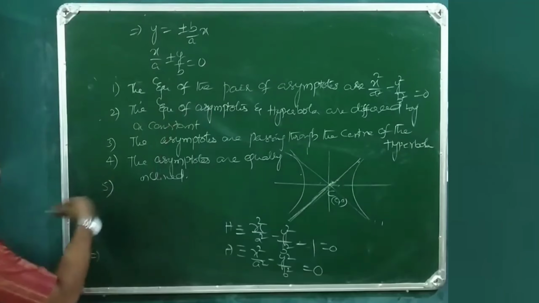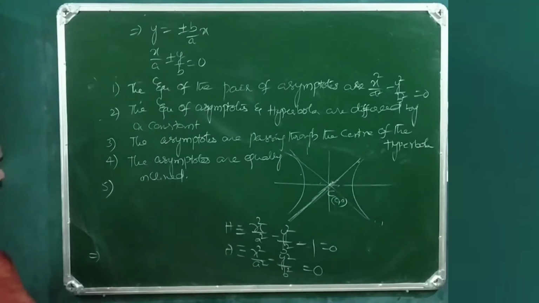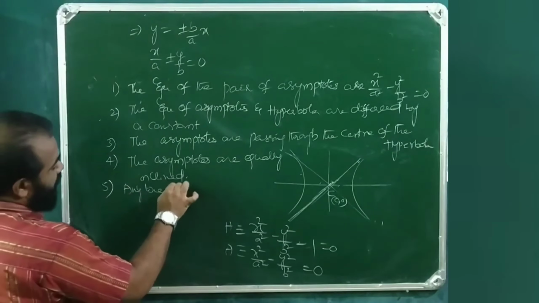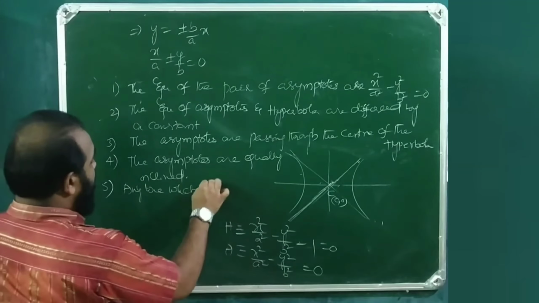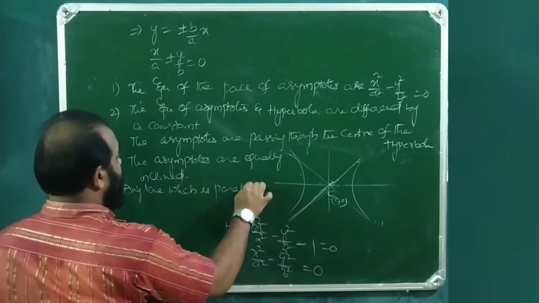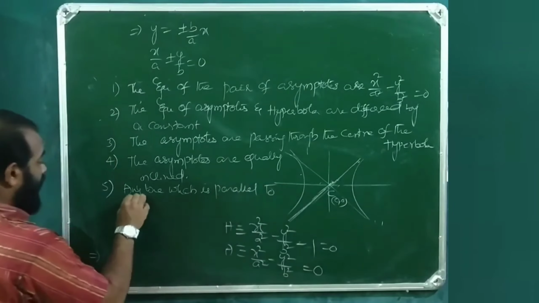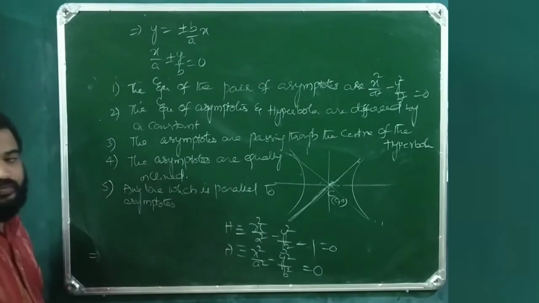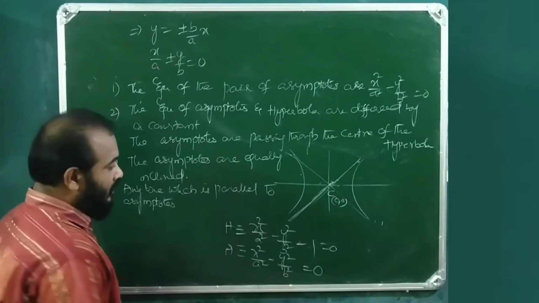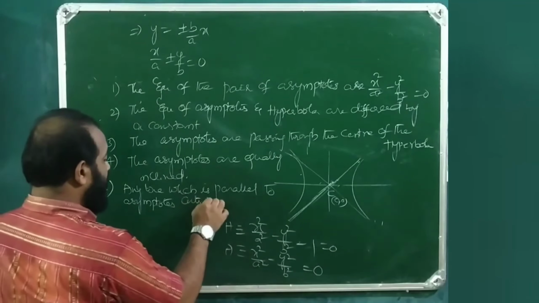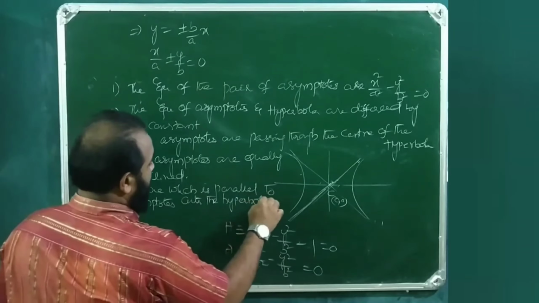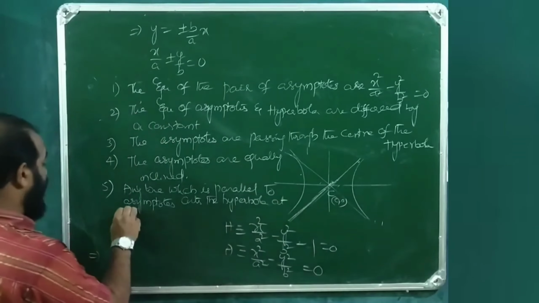Any line which is parallel to an asymptote cuts the hyperbola at one point.